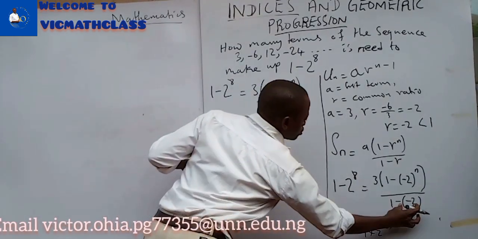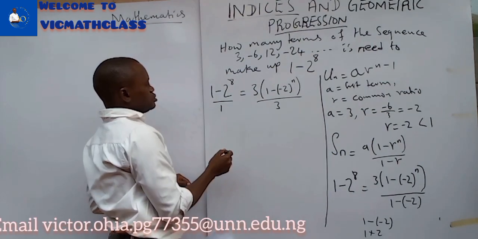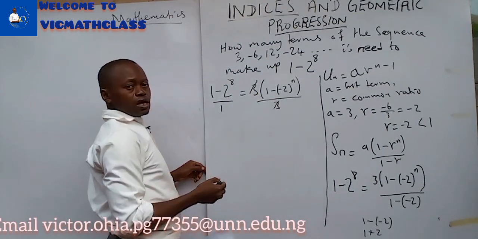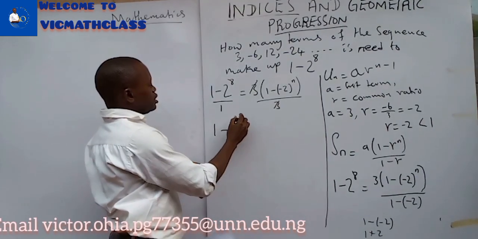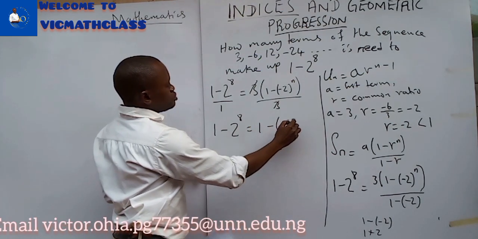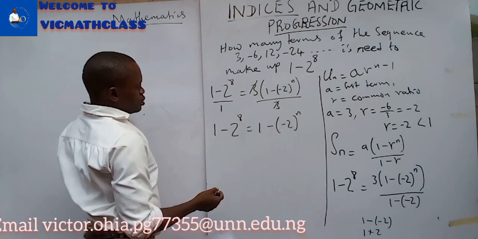Okay, so let's make this over 1. Even if we didn't make it over 1, this can take away this. I'm sure you can see that. So we can now bring down 1 minus 2 raised to power 8 equals 1 minus in bracket minus 2 raised to power n. All right. So what again?